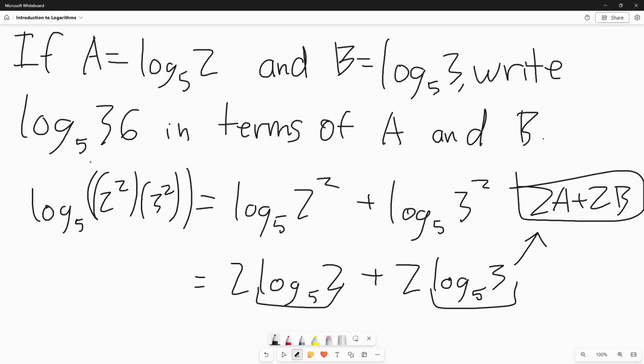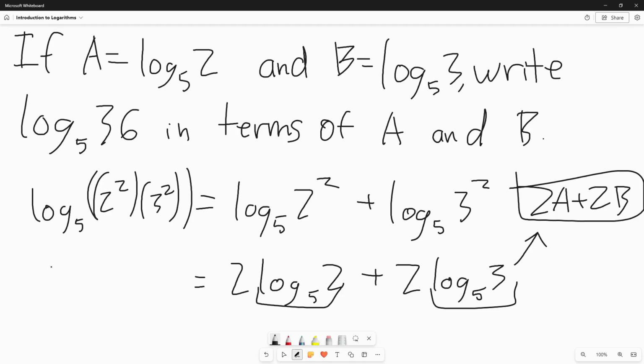And when you have this type of problem, where you're given a and b like this, and you're given a more complex expression, and you're supposed to write it in terms of a and b, try to find something like I did here, where you find the middle term, such that you can write it using only these numbers, like 2, 3, like I did here, 2 to the power of 2 and 3 to the power of 2.